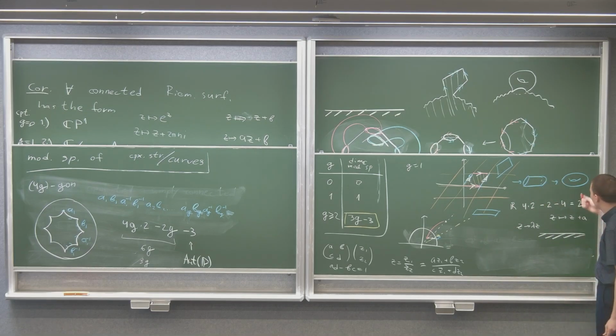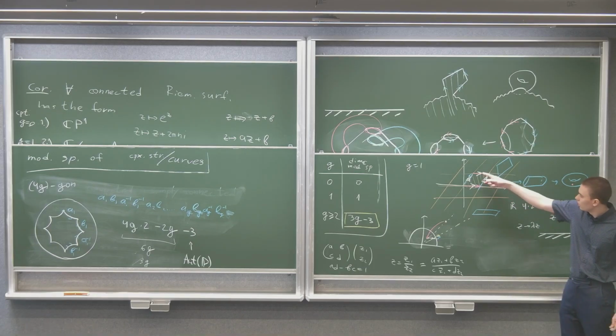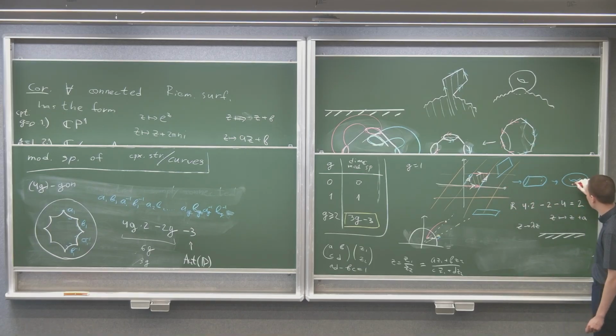I claim that these 4 points become 1, and this red side is, for instance, this cycle of the torus, and the blue side is this cycle of the torus. Okay, I guess that's pretty believable.